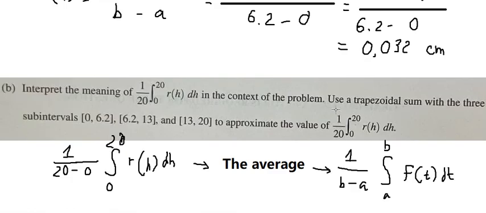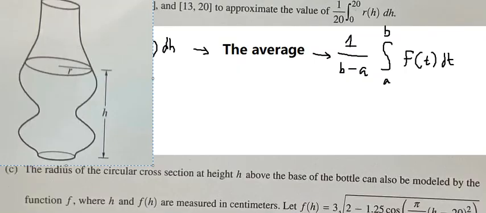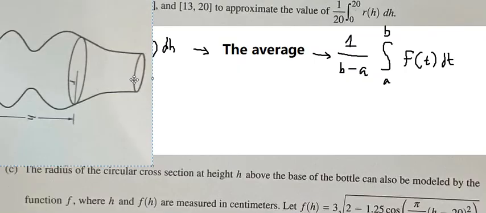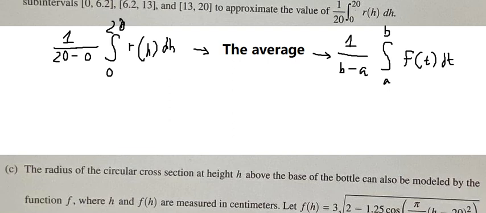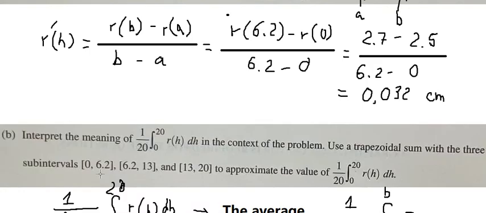Now let's go to the next one. Use a trapezoidal sum with 3 subintervals. So we have 3 subintervals here.